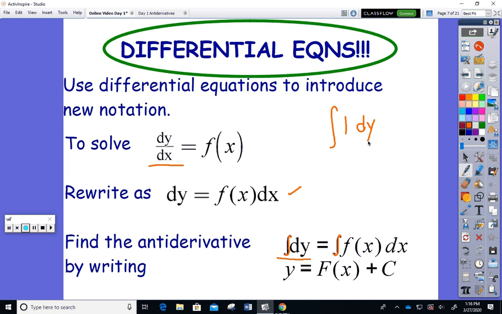So what do I take the derivative of in terms of y that gives me 1? Well, I take the derivative of y itself. That's what gives me 1. If I had the antiderivative of 1 dx, then its antiderivative would have been x, because taking the derivative of x also gives me 1, but I'm working with a different letter. Anyway, that's what's going on technically there.